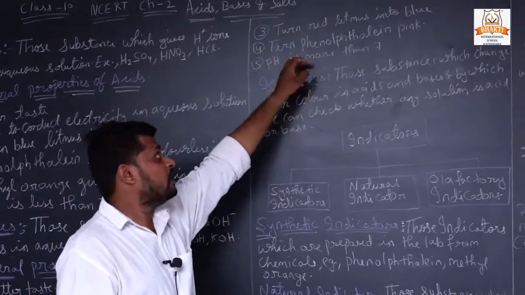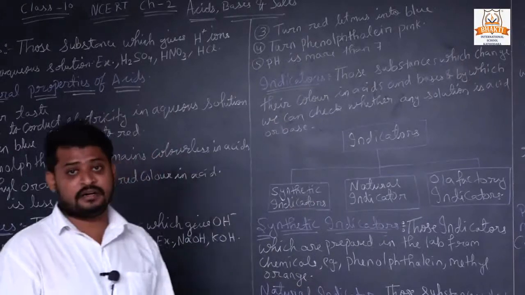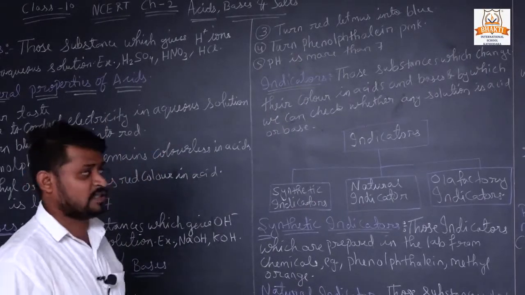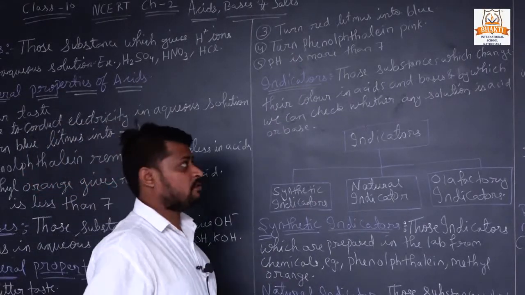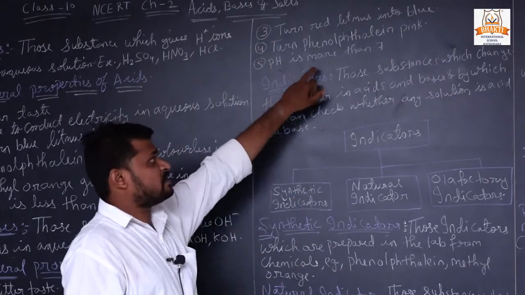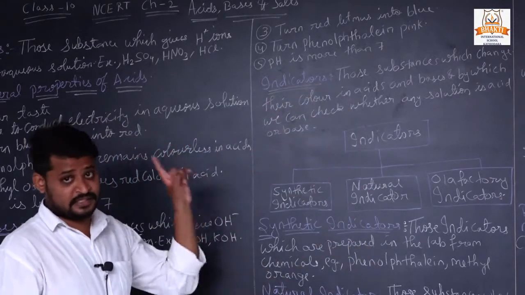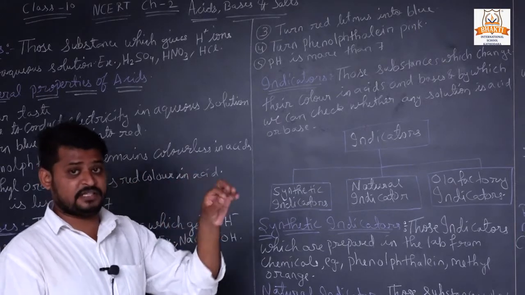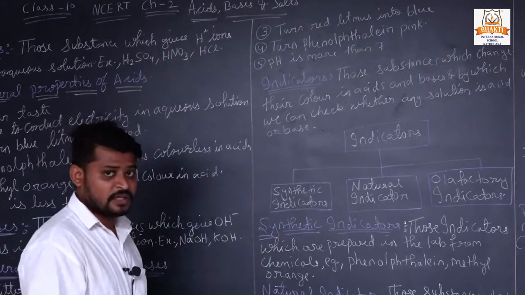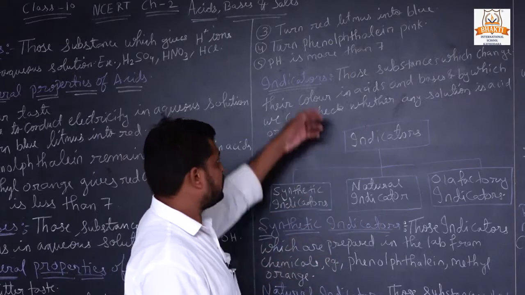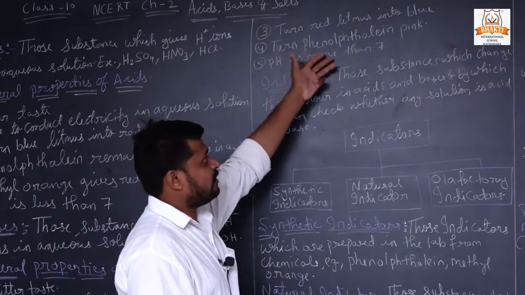If phenolphthalein changes color to pink, we consider the solution basic. The pH is more than 7. In acid the pH is less than 7, but in base the pH is more than 7.